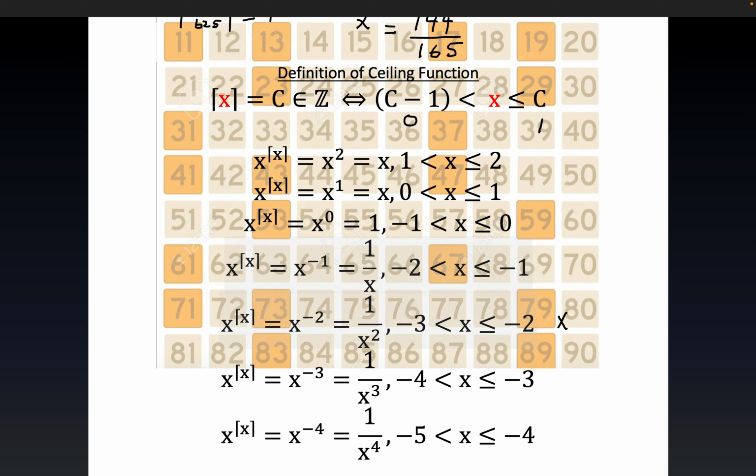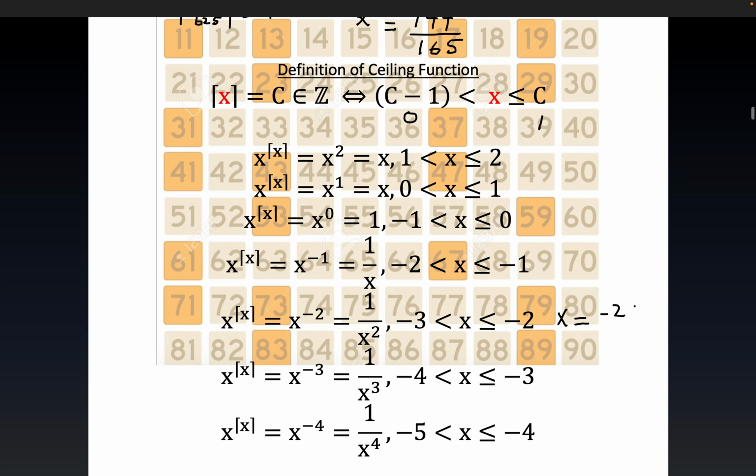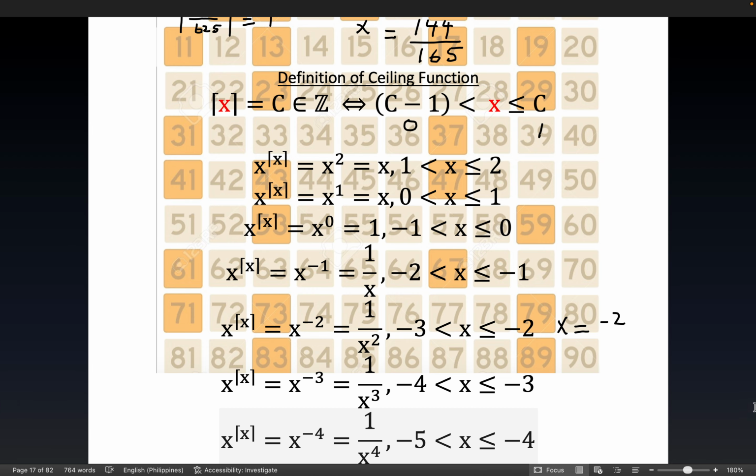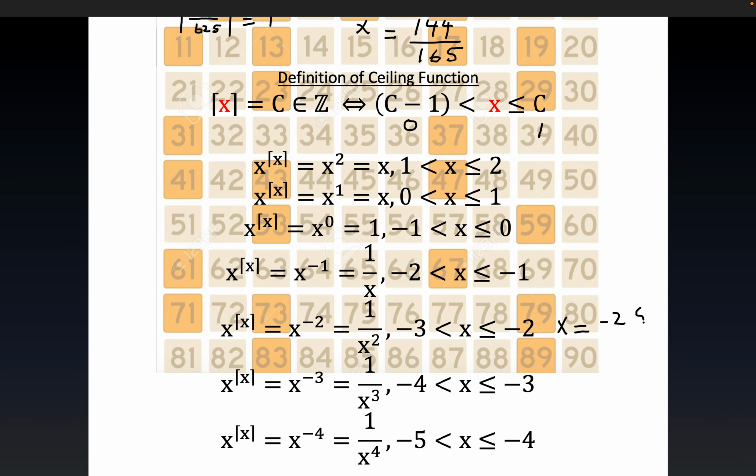You need the squaring condition, but also you need a number that will give you minus 2, so you'll have 1 over x squared. So you see what you have right here is x is equal to minus 25 over 12. Minus 25 divided by 12.